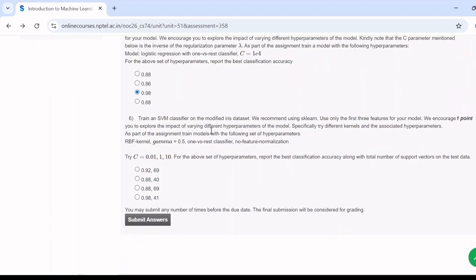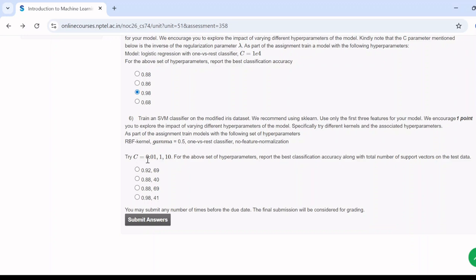The last one is, we'll be using the SVM classifier on the modified iris dataset. We can refer to the dataset from the drive. Hyperparameters: RBF kernel, gamma value is 0.5, one versus rest classifier, no feature normalization is given.